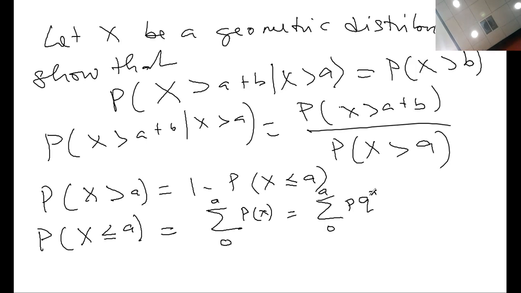You could remember the probability distribution of a geometric distribution. Is that right? Which is equal to P, sum from 0 to A of Q to the X. Can somebody tell me what this sum will be? Sum from 0 to A of Q to the X.